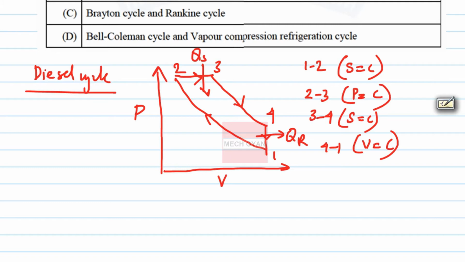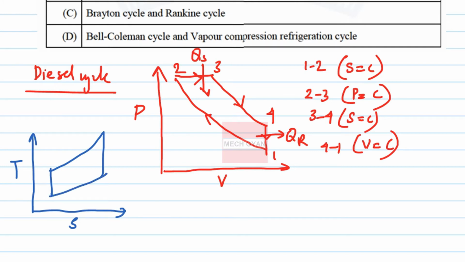In the TS diagram it will look something like this: 1, 2, 3, 4, heat addition, heat rejection. So 1 to 2 is a constant entropy process, 2 to 3 is a constant pressure process, 3 to 4 is an isentropic process again, and 4 to 1 is a constant volume heat rejection process. So this is the diesel cycle.